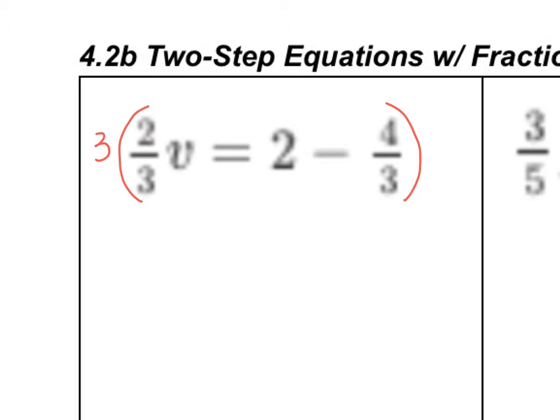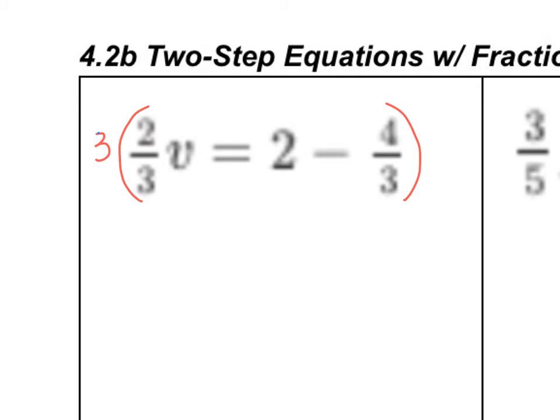Now, that might seem a little complicated. Let's look at it one more time. If you multiply 3 times 2/3, and let's say I just tried that on my calculator, 3 times 2/3, I would get 2. So that would be 2v.